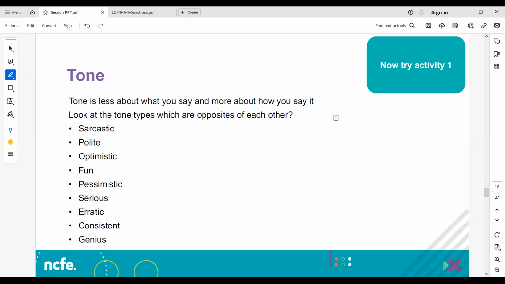Wow, knife. Polite. So just take a moment for everyone to have a look, and then I'll ask people to tell me what they think.